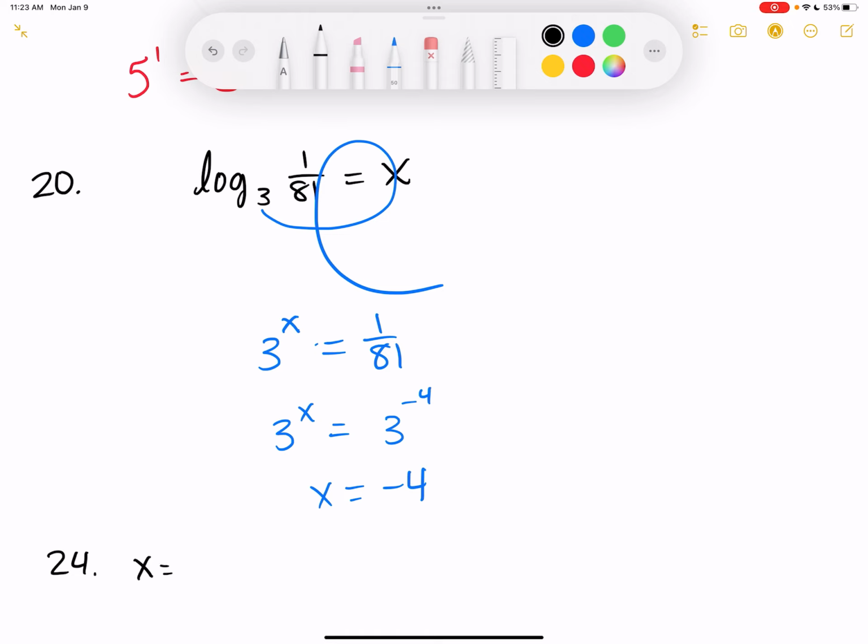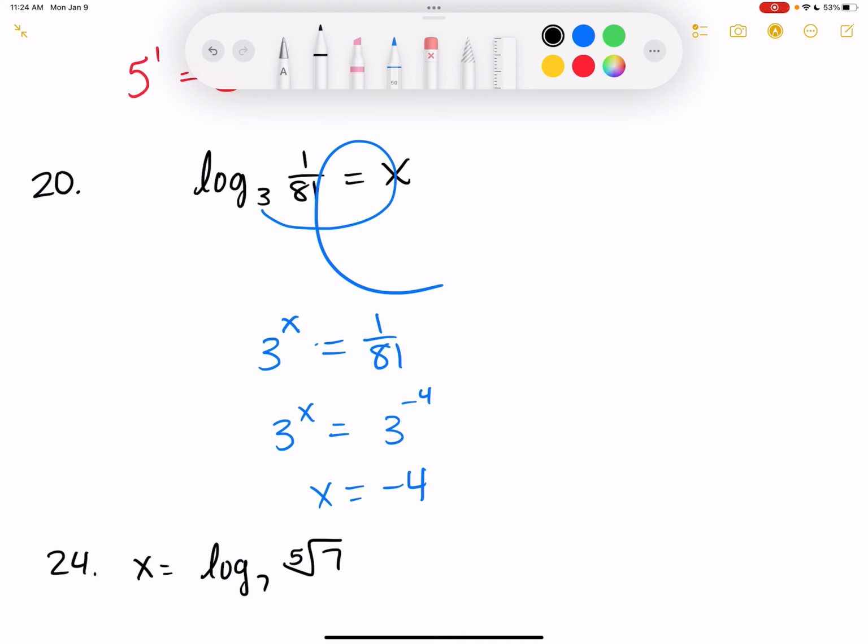x is equal to log base 7 of the 5th root of 7. Now, what's another way that I can write a root? To like rewrite it to look different. Can raise it to some power.